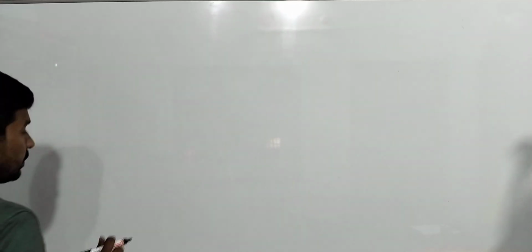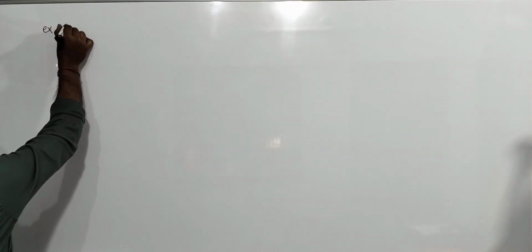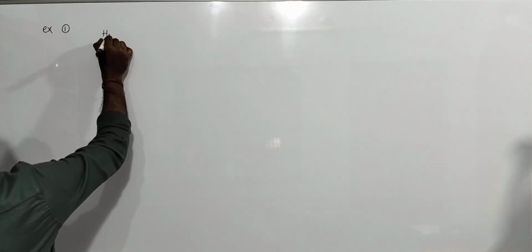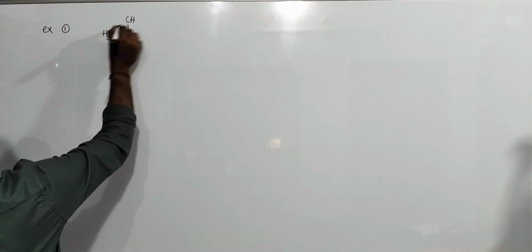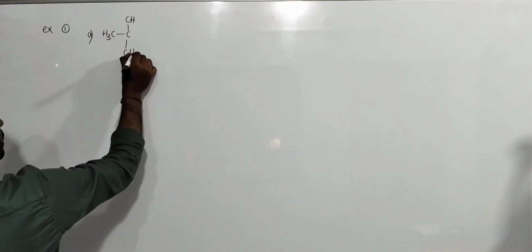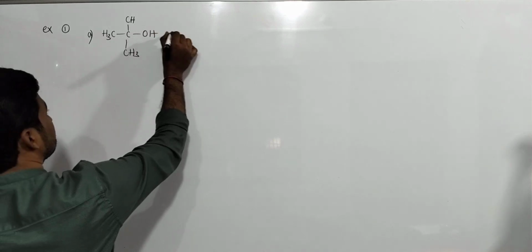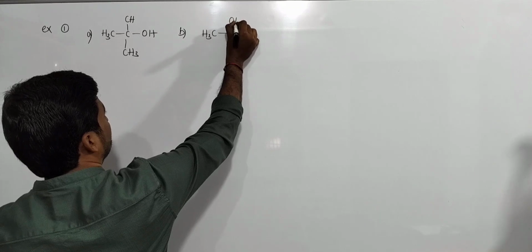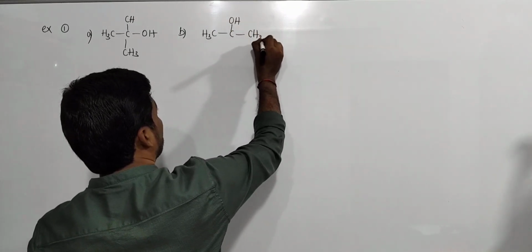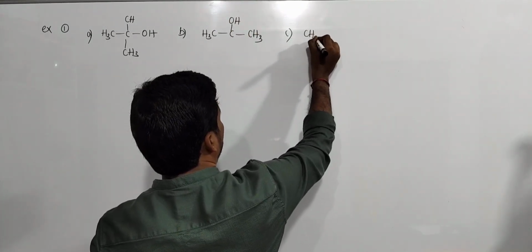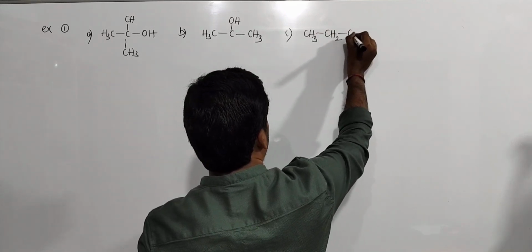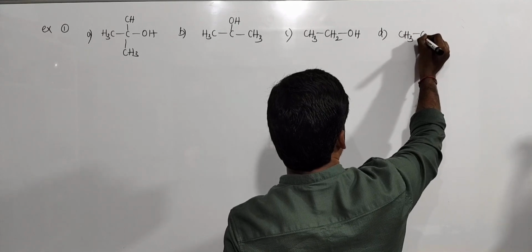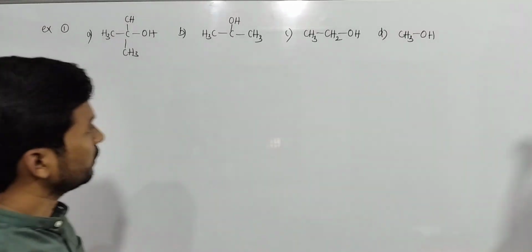Okay, an application example. Among tertiary butyl alcohol, isopropyl alcohol, ethyl alcohol and methyl alcohol or methanol, which one is the strongest acid?